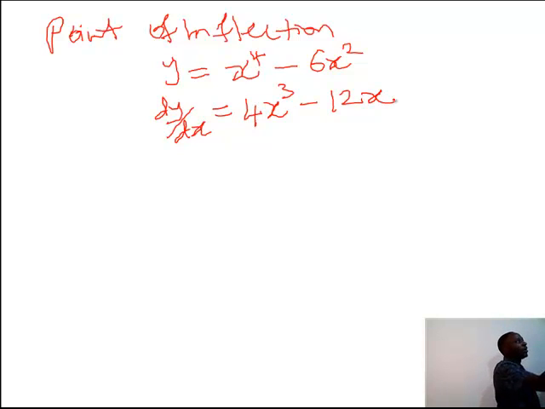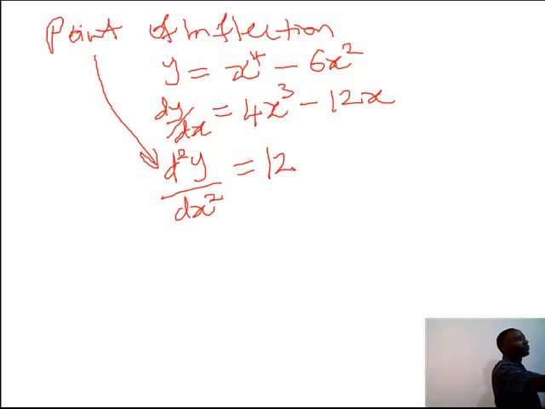The point of inflection is going to be the second derivative, d squared y over dx squared, which is 12x squared minus 12. It is this one that we are now going to use to calculate our point of inflection.